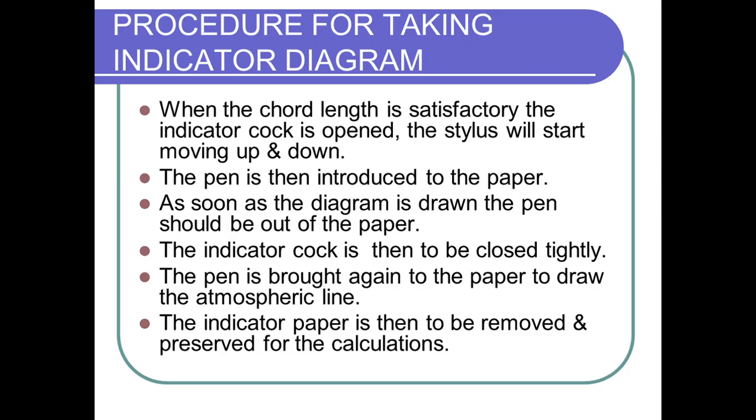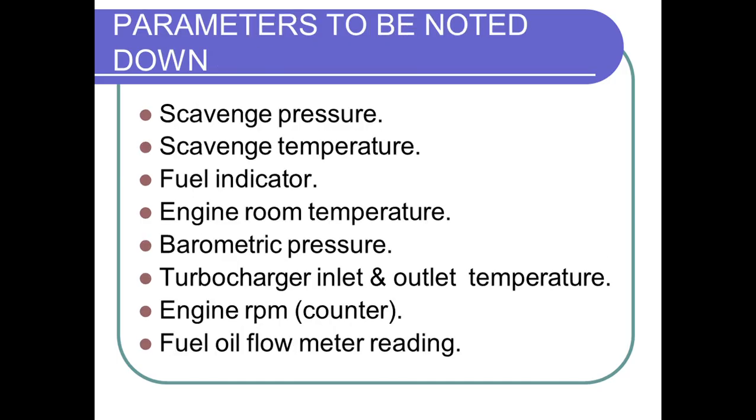As soon as the diagram is drawn, the pen should be out of the paper. The indicator cock is then to be closed tightly. The pen is brought again to the paper to draw the atmospheric line. The indicator paper is then to be removed and preserved for calculations. So this is the procedure.